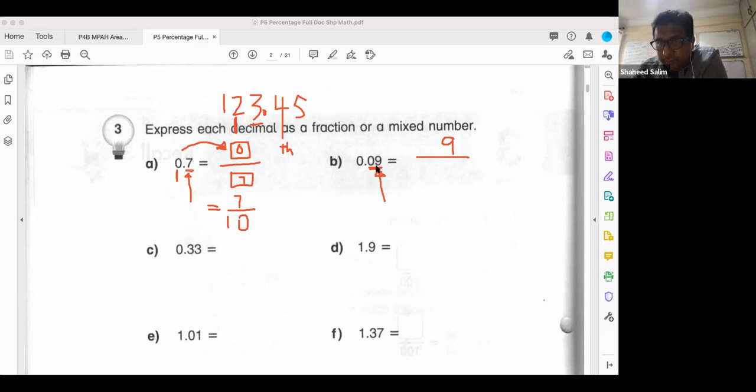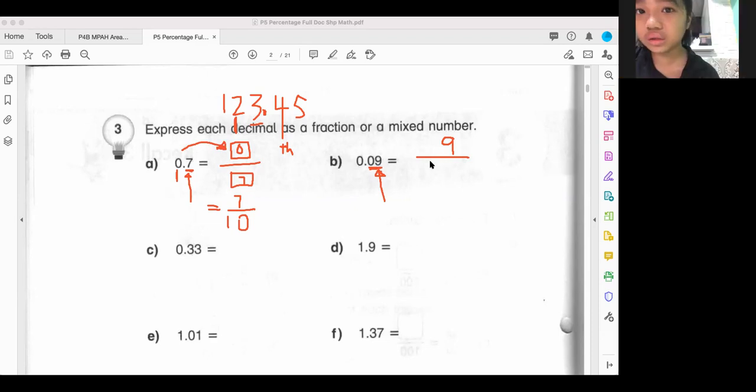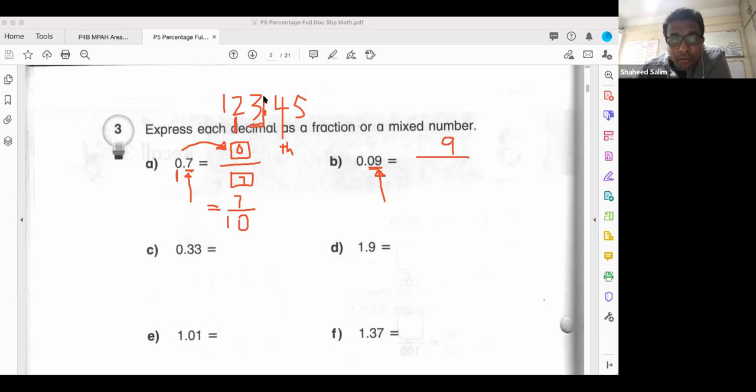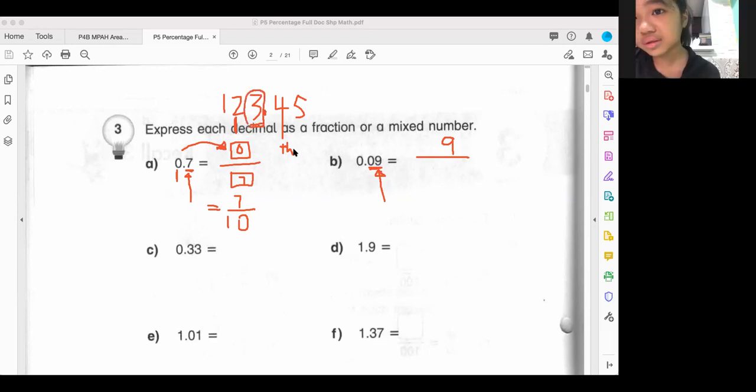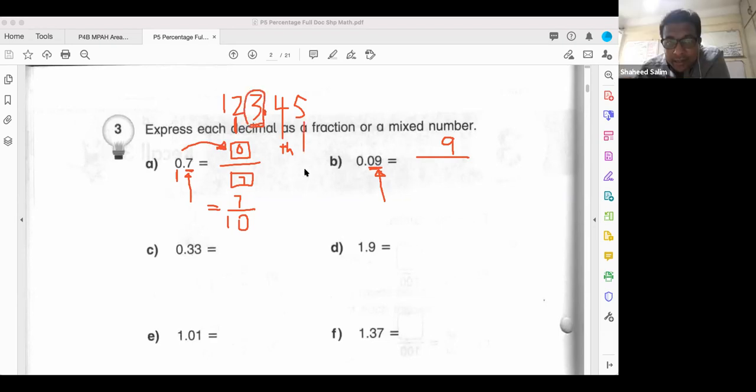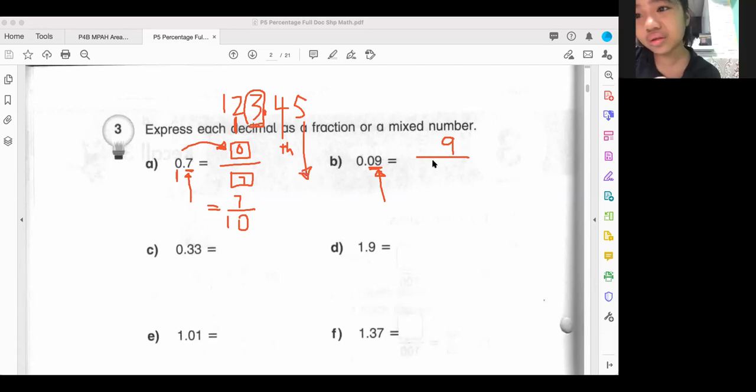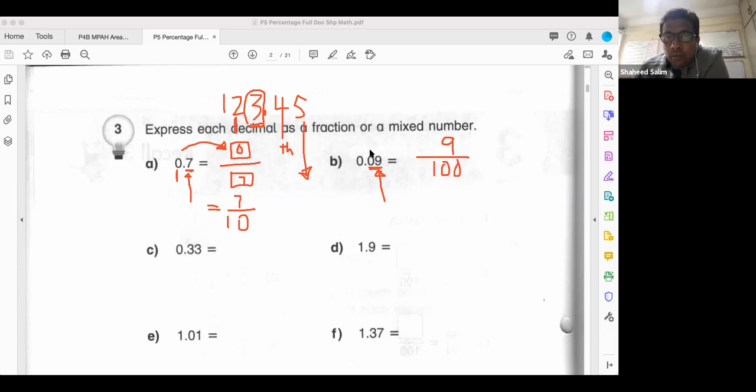The last position. Ones is here beside the dot. To the left. Beside the 10 is 100. So we can also see, there are 2 zeros also.